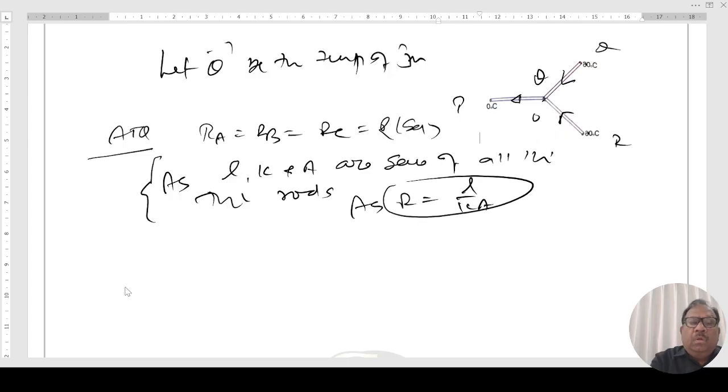Now this is H1, this is H2, and this is H2. H1 plus H2 will be equal to H. This is just like an electrical circuit.